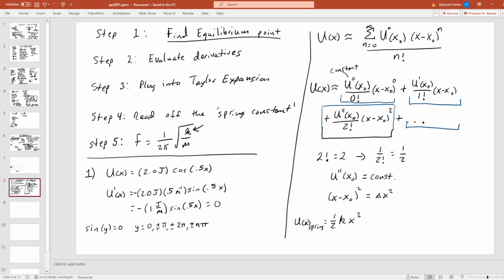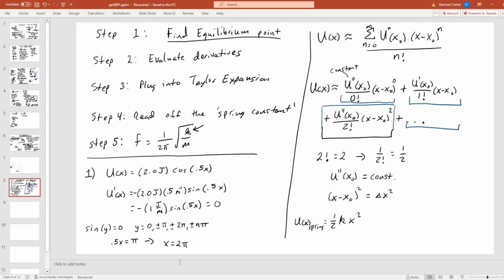We need to set it equal to pi, because pi is 3.14 and 3.14 is between 2.5 and 10. So we're going to set 0.5 x equal to pi, and that gives x equals 2 pi.